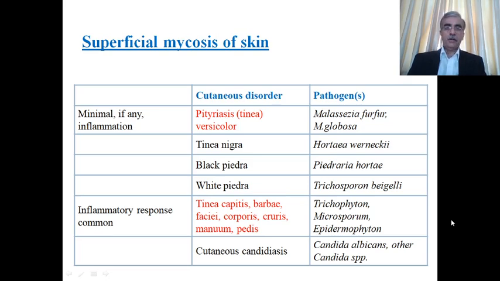And then another superficial mycosis is cutaneous candidiasis, which is most commonly caused by Candida albicans, but other non-Candida albicans species are now coming up.